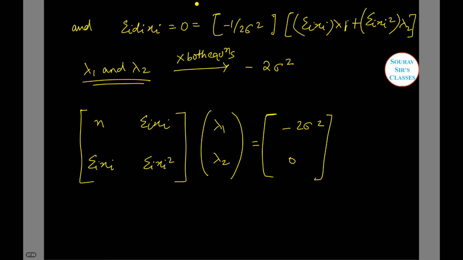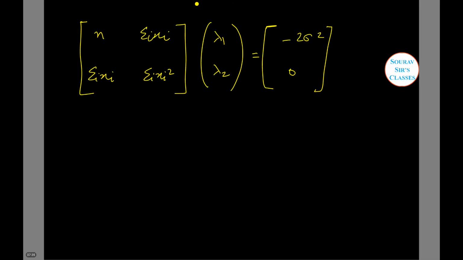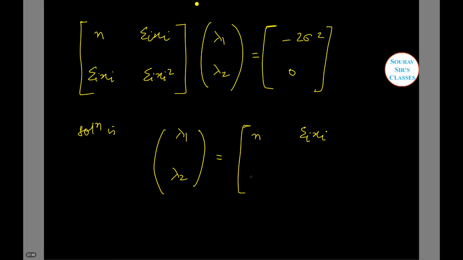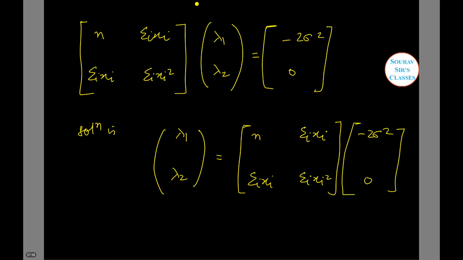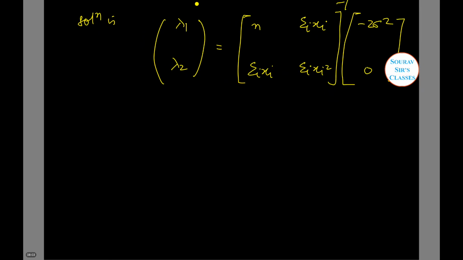So the solution is lambda 1, lambda 2 is equal to the inverse of the matrix n, summation xi, summation xi, summation xi square, times minus 2 sigma square, 0.